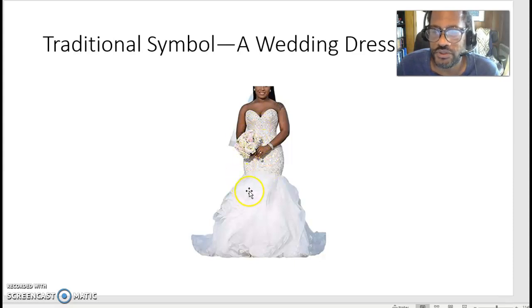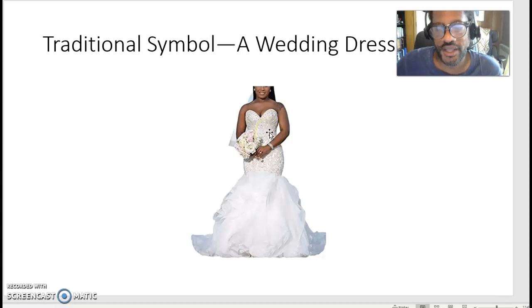Because you aren't supposed to do that, because this represents this very specific thing. Also, to be clear, the dress is for the person who's going to be getting married. If somebody else shows up at the wedding wearing a wedding dress, you're going to have a problem. There's going to be a fight there, because only the person getting married is supposed to wear the wedding dress.